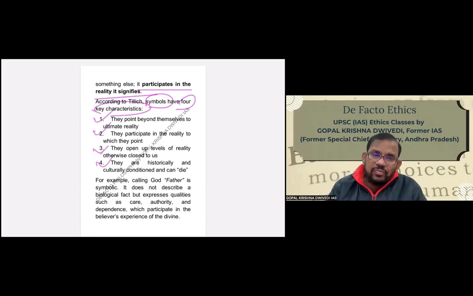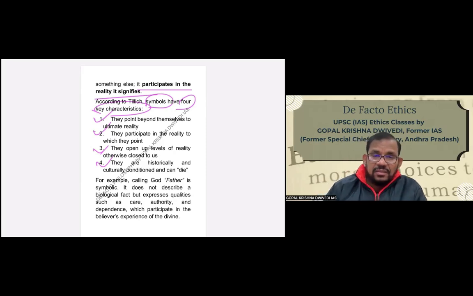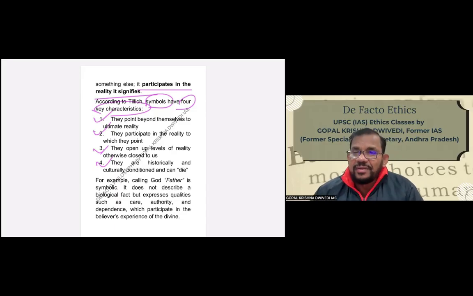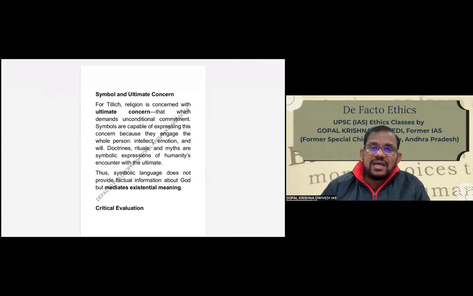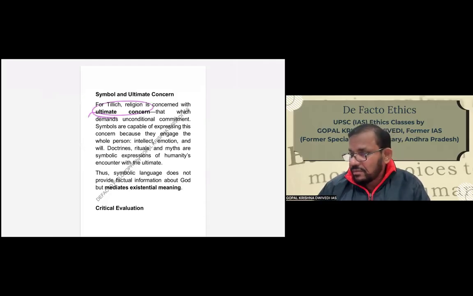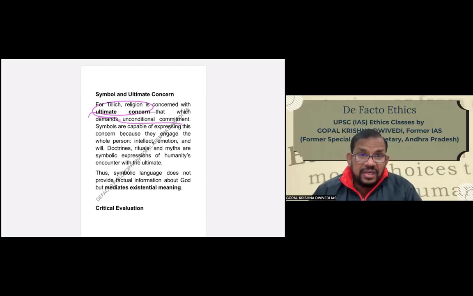And he has given an example also. For example, calling God a father is symbolic. It does not describe any biological fact, nor merely express qualities such as care and authority, but it participates in believers' experience of the divine. Now, symbol and ultimate concern, let us try to understand this also. For Paul Tillich, religion is concerned with ultimate concern, that which demands unconditional commitment to the divine, to God, or to ultimate reality.